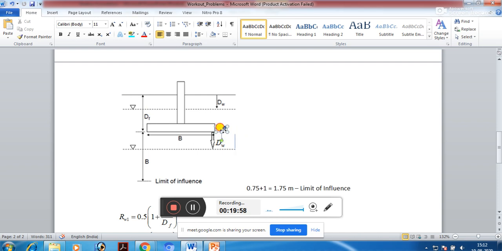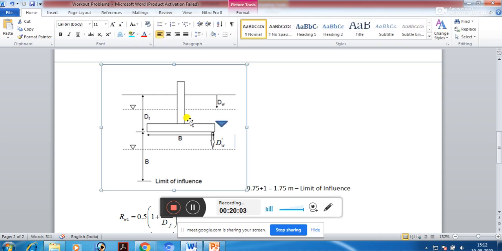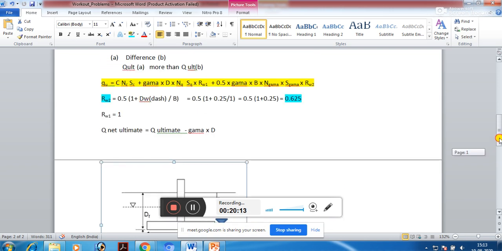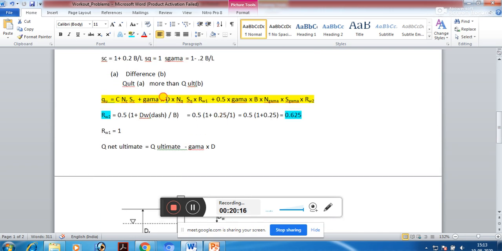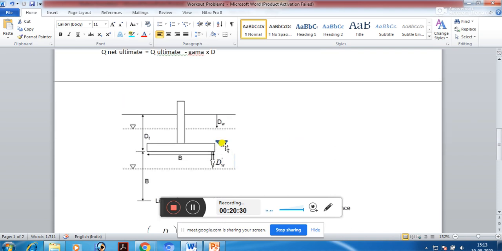When the water table crosses the base of the footing, then only the impact will start coming, and that's why the RW1 factor gets affected. The D term and the gamma in this equation get affected by the presence of the water table only when it reaches above the base of the footing.